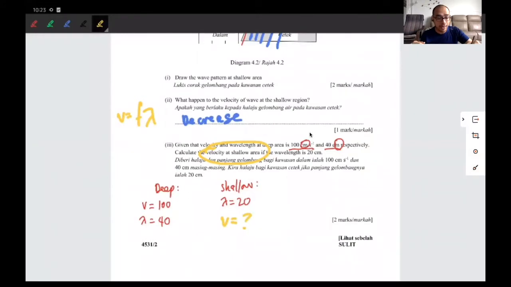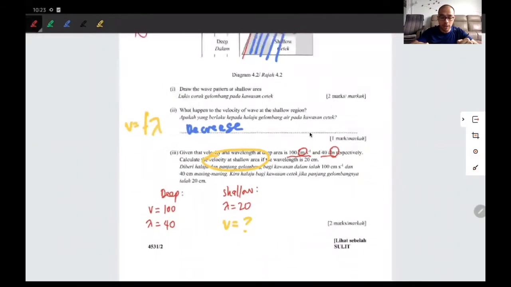But I have enough information about the deep area. So if deep velocity is 100 and wavelength is 40, v = fλ, I can calculate f. f is equal to 100 divided by 40, which is 2.5.